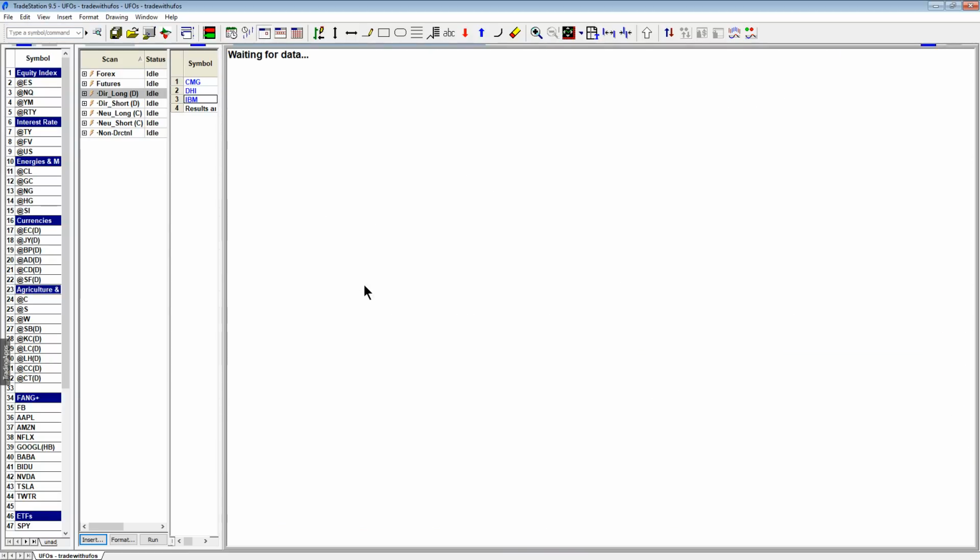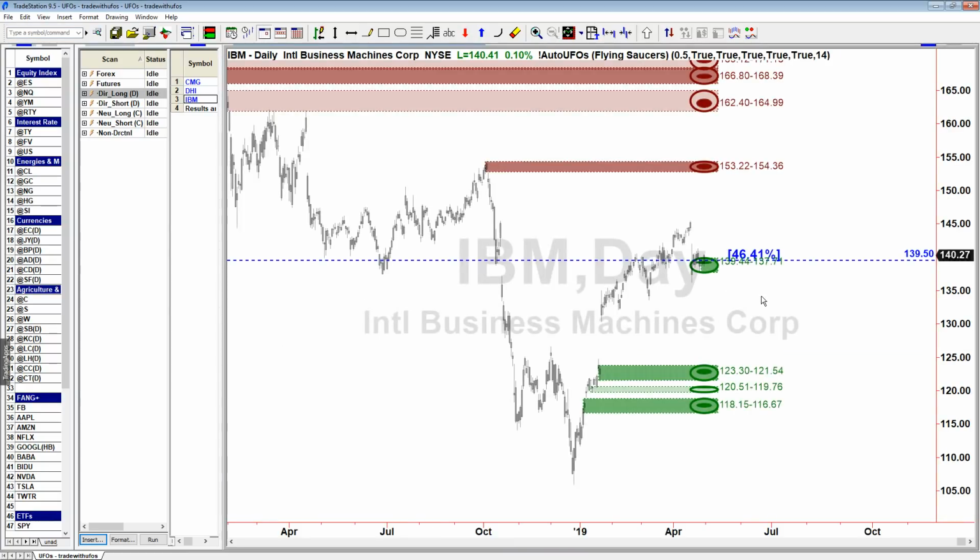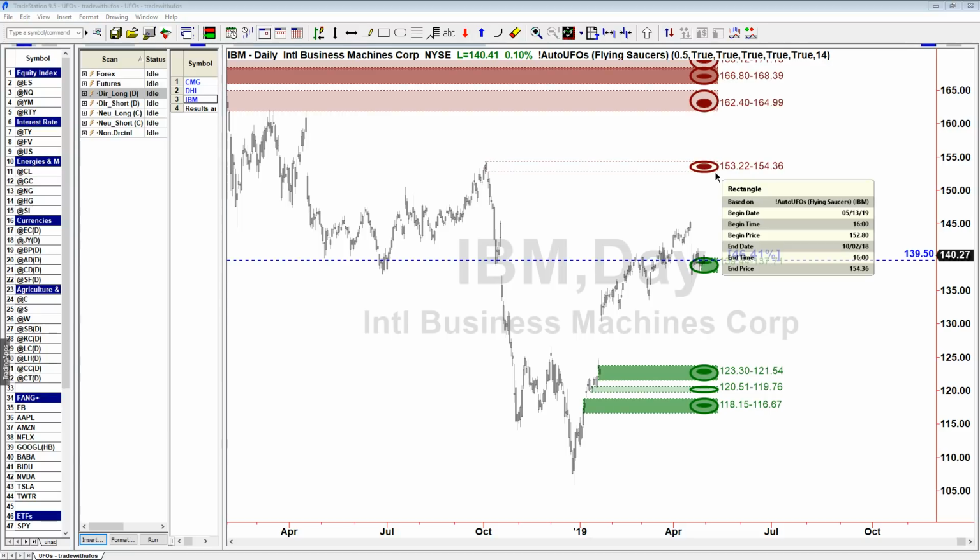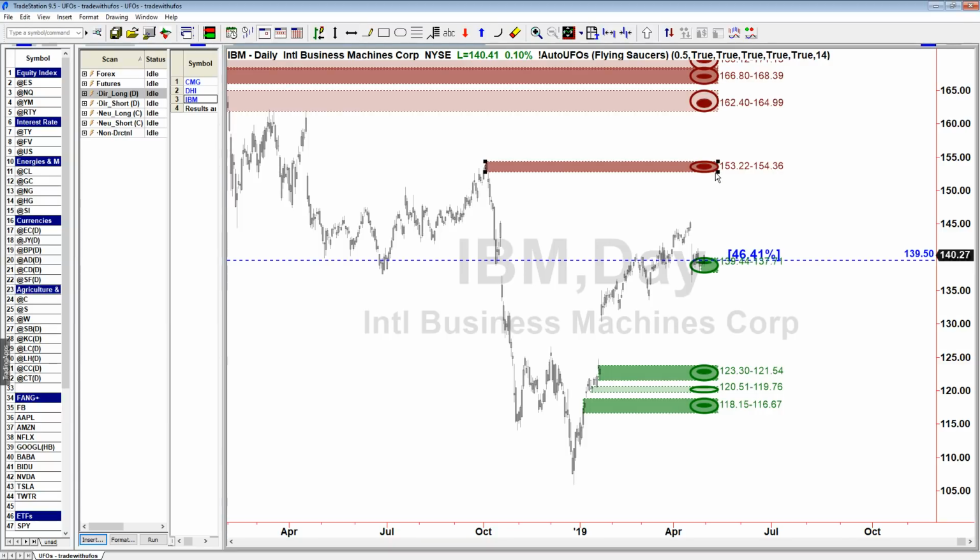If I go back to the daily time frame, it's pretty nice, because we have this green UFO from the 60-minute time frame pre-market data lining up with the green UFO from the daily time frame. So this seems to me like a very, very powerful entry point for a target located around the 152.8 area, which is the bottom part of this red UFO.